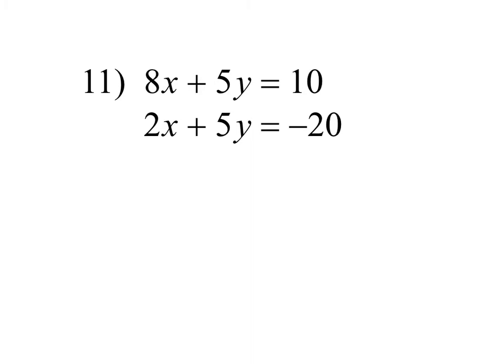No. So it has to be the same number, and we're trying to cancel out either the x's or the y's. Well, is 8 and 2 the same number? No. But 5 and 5 are. We just need one of the 5's to be negative if the other one's positive. So how can we get this to be negative?